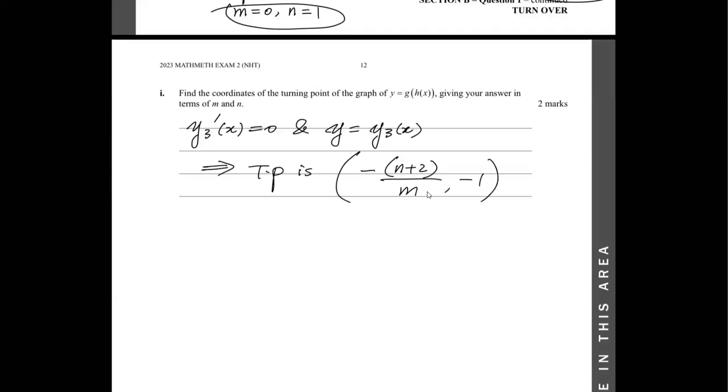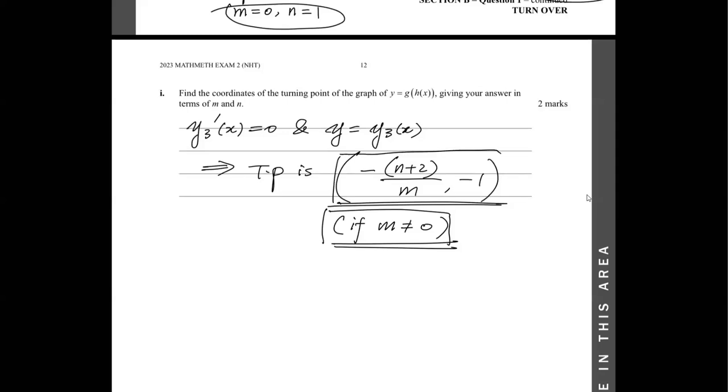Fairly important. Okay, so if m is not equal to 0, this is the turning point with its coordinates.